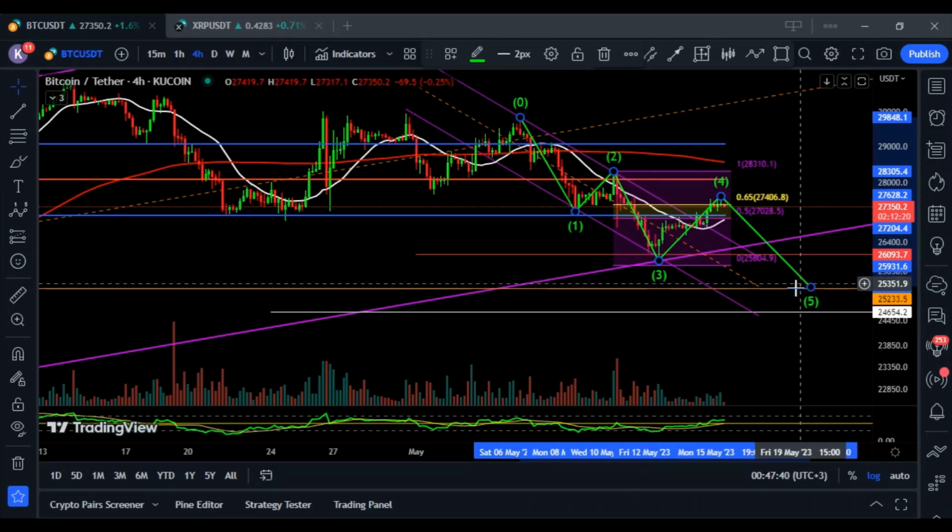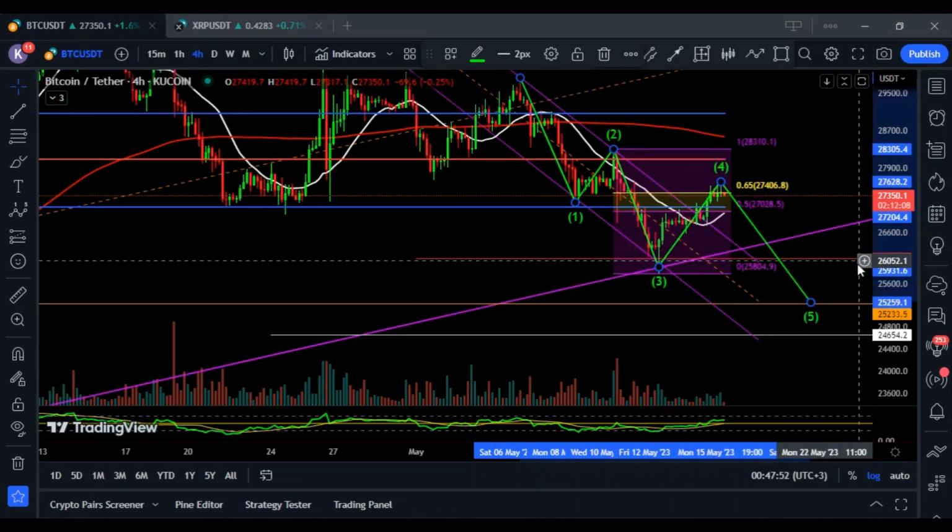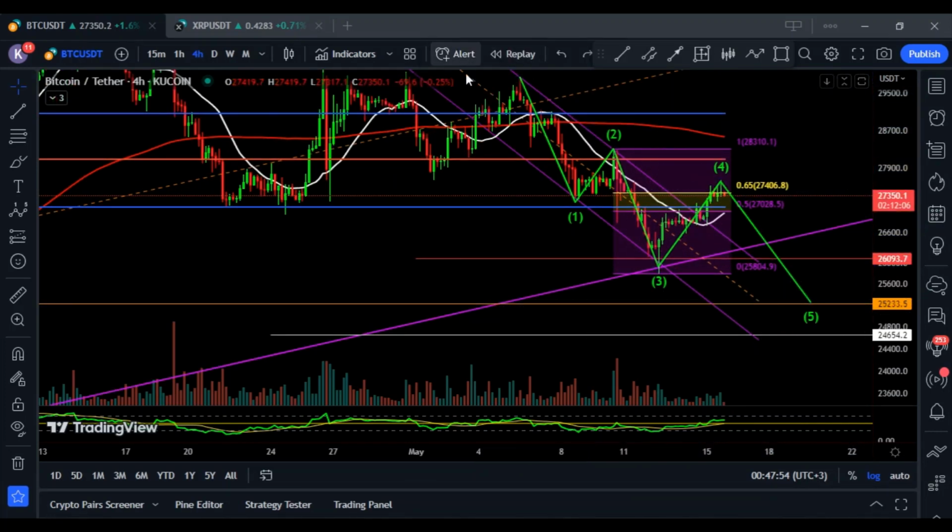From here, if this played, then the pullback or the push to the upside would be a higher probability. If this fails, this would be the negative scenario if the 5 wave structure played.